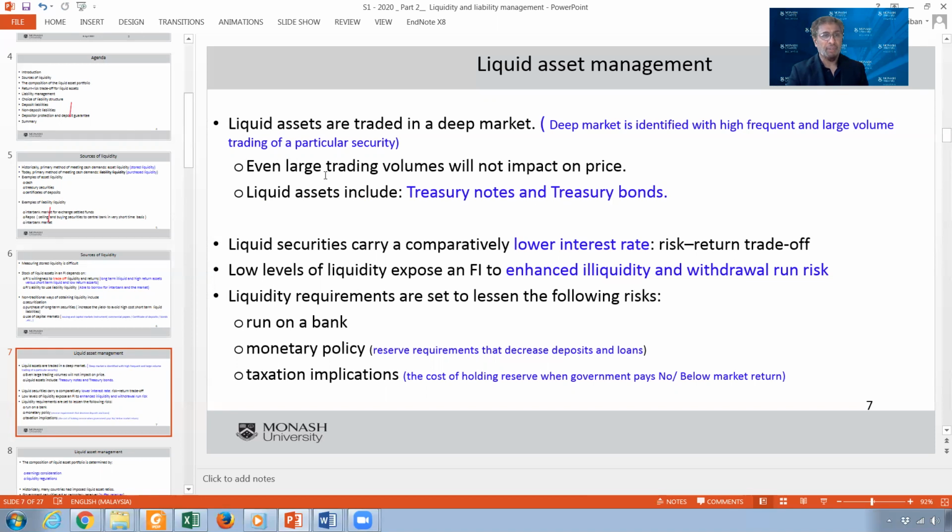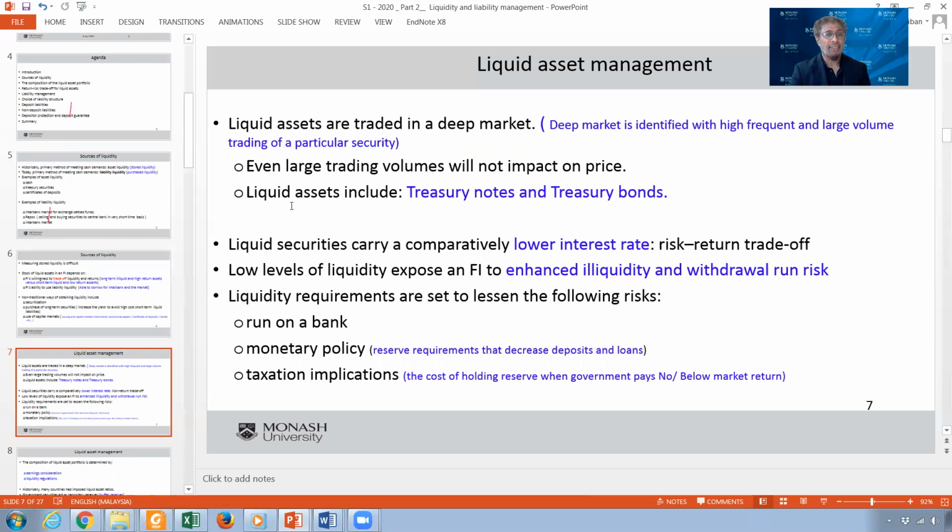Even large trading volumes will not impact the price, as I told you, because the spread will be less. And when we say a deep market, we are talking about a market that is very liquid.